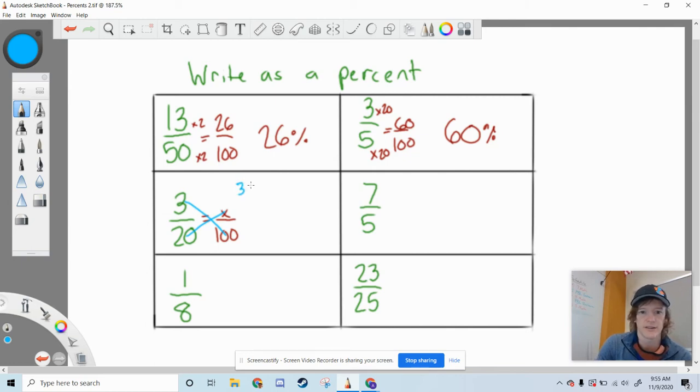So we have 3 times 100 on one side equals 20 times x. 3 times 100 is 300 equals 20x. And our last step, this is multiplication. We want to solve for this x. What times 20 equals 300? So we would have to divide by 20. Divide by 20. I can reduce these by 10 right away. 30 divided by 2, x equals 15%.